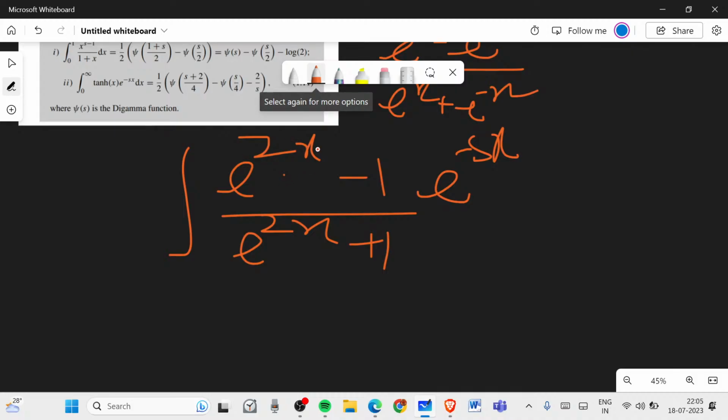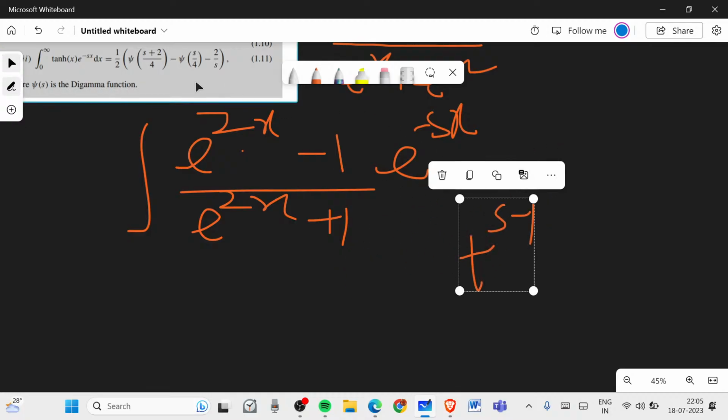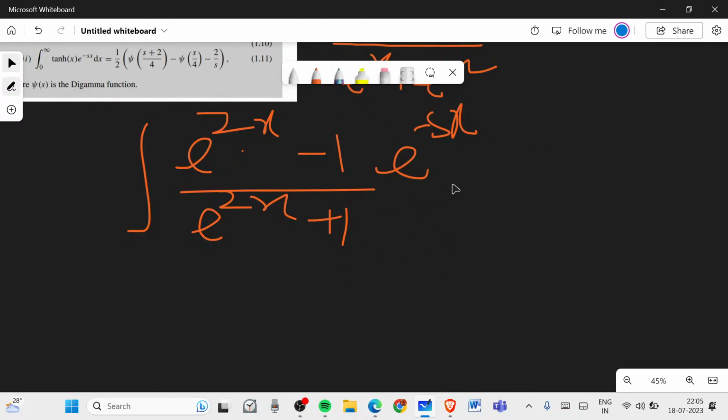Putting simply e to the power minus x as t, then let's see, then it would be something kind of this. Somehow I'm getting that feeling that this question is nothing, but let's see.